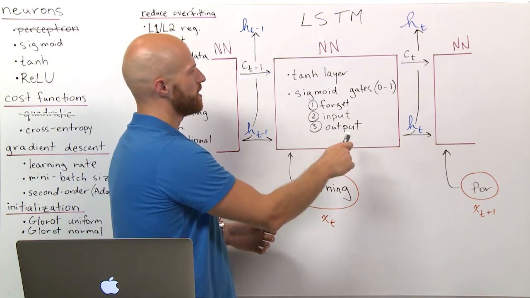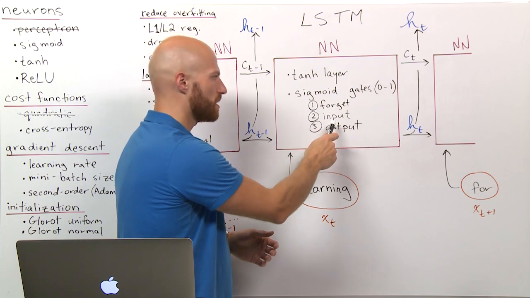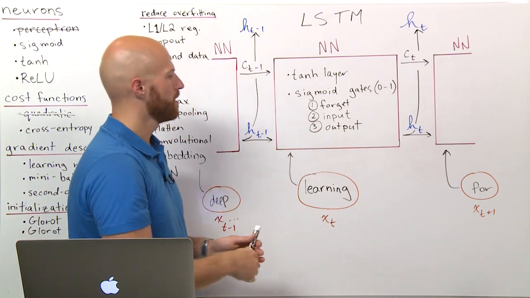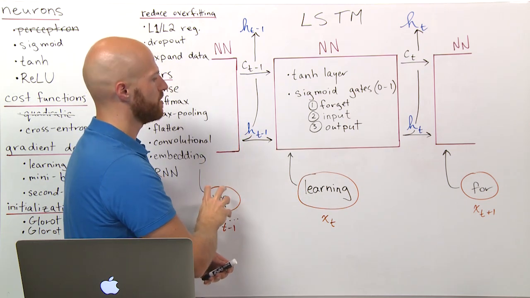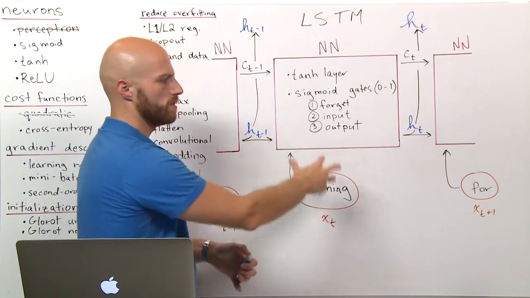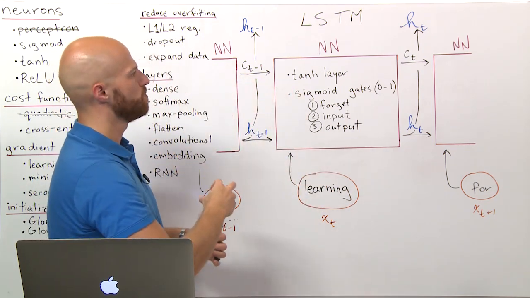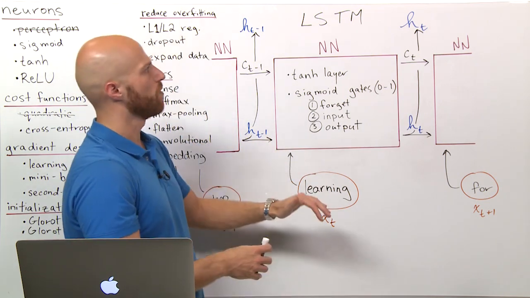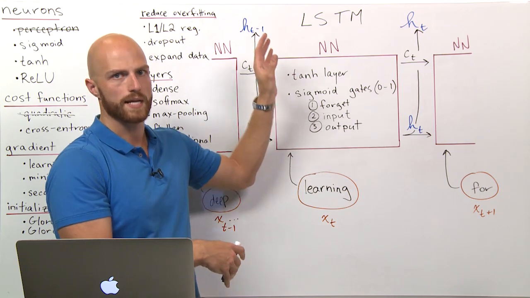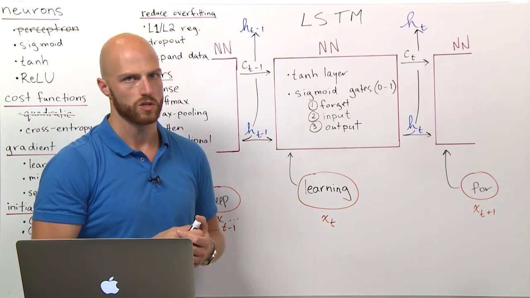These 3 gates, the forget gate, the input gate, and the output gate, enable information about words in the past to be retained if they appear to be important for the task later on, like sentiment classification.